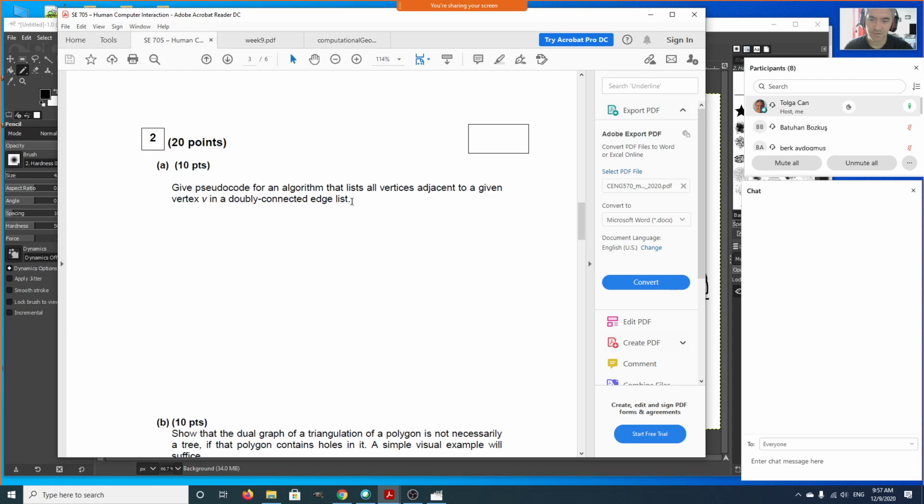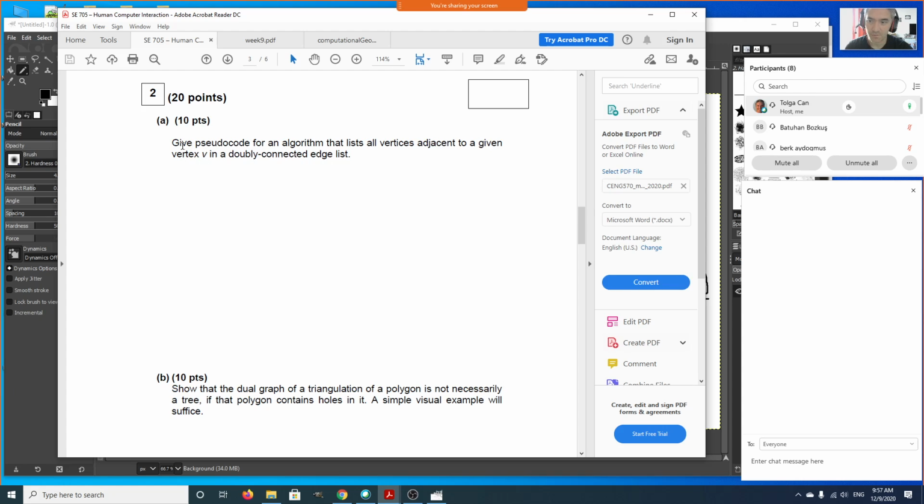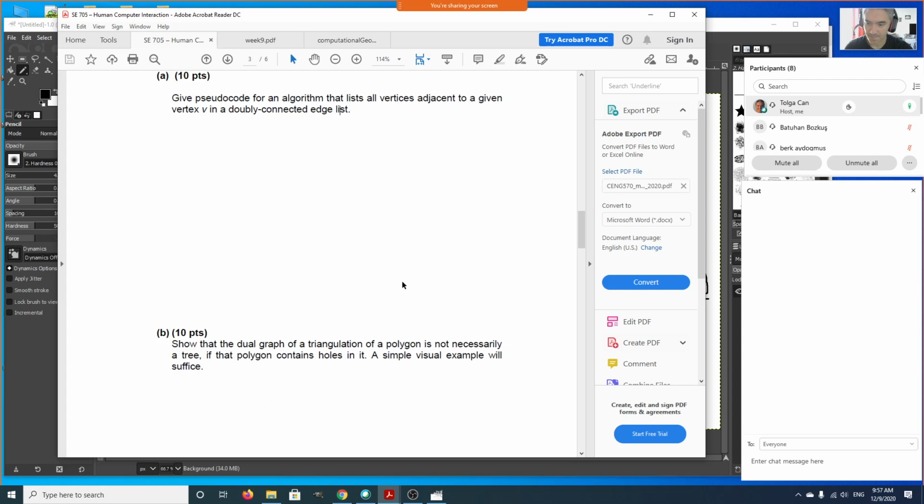The brute force solution, which is very inefficient, is to go over the entire edge table, see where this vertex is associated with one of those edges, and use the origin or the target to report it. If your edge table contains 1 million edges, the inefficient solution goes over all 1 million edges to report the adjacent vertices. That's clearly very inefficient. But both of them got full credit because I forgot to say to give an efficient algorithm.